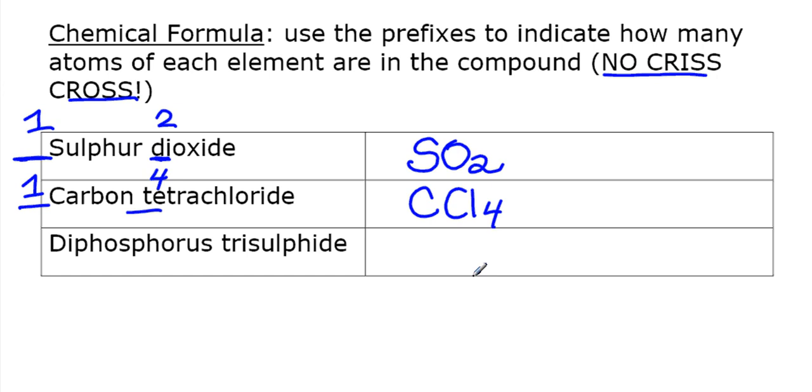Last one, when I look, diphosphorus trisulfide, di and tri. Di means 2, tri means 3. 2 phosphoruses, 3 sulfurs. So these ones are the easiest when it comes to formula writing. Don't do the crisscross, follow the name, and you'll be set.